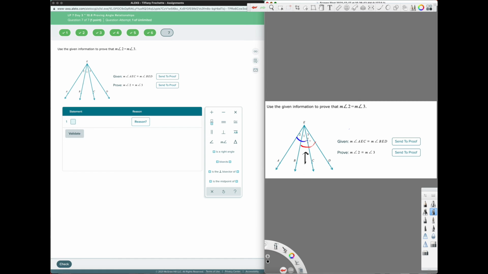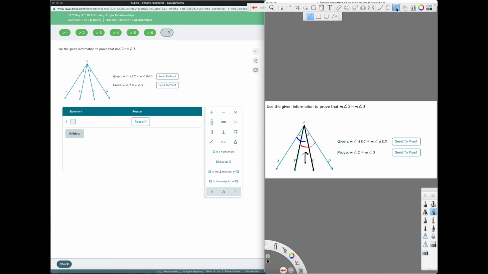I'll turn on my line tool so that comes out a little bit better. So this one angle here is actually shared in both the givens. It has a blue and a red in it. So that is a shared angle. That's something that we definitely want to make sure that we clue in on here.